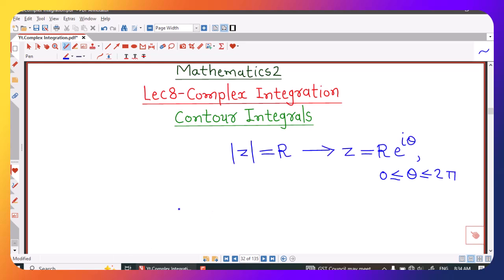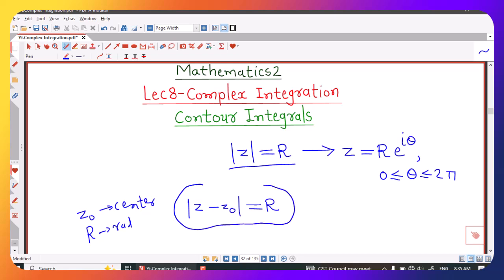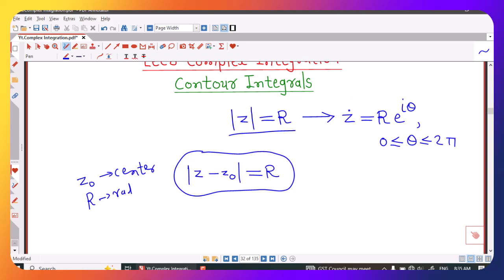But suppose we have a circle with center which is different from origin, then that circle can be written as absolute value of z minus z0 equal to r, where z0 is the center of the circle and r is the radius of the circle. Then also we can represent it parametrically.